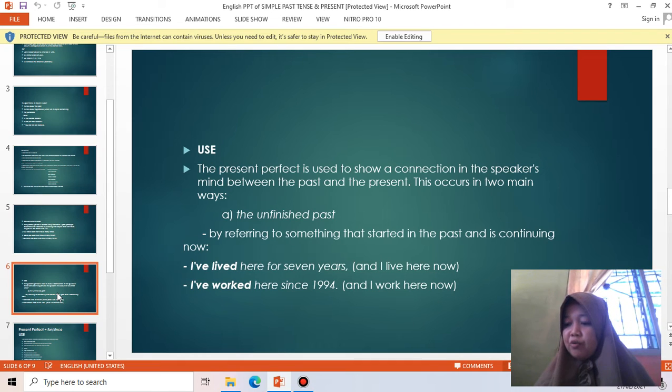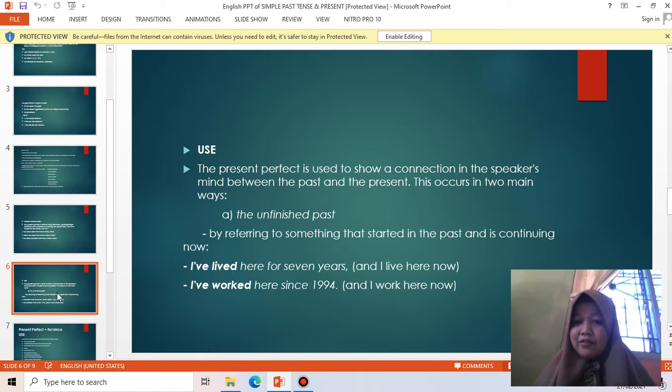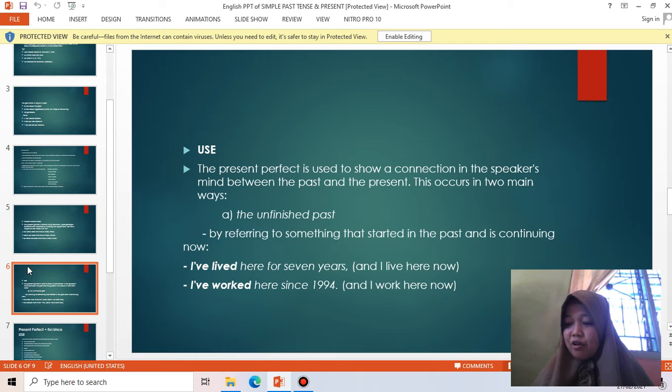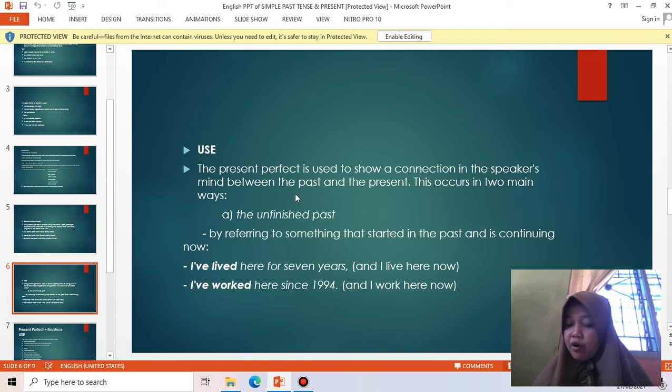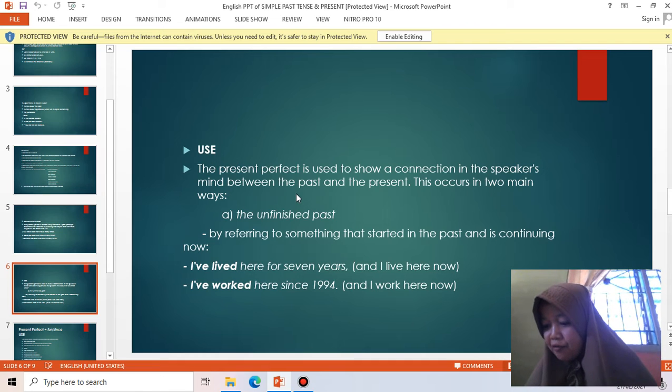In other words, we can use the present perfect tense to express finished actions, like she has lost her wallet, or recent completed actions, for example, I have just finished, or even unfinished actions, duration from past until now. For example, I have lived in Paris for 5 years.